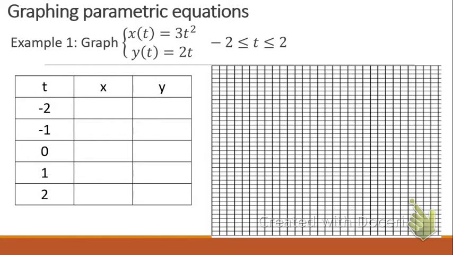So notice that it says that the interval is -2 to +2. And that's why I created this little T-chart, 3 columns. So go ahead and make a rough little T-chart.